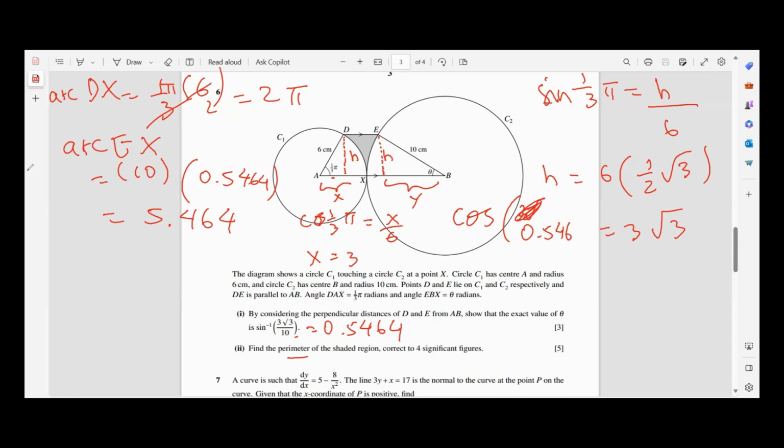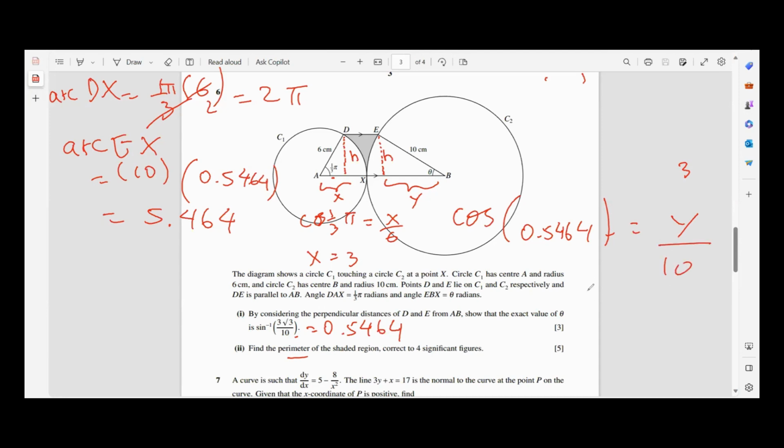Wait, this I delete first. So cos 0.5464 equals the adjacent, which is y over 10. So we get y equals 10 times cos 0.5464.